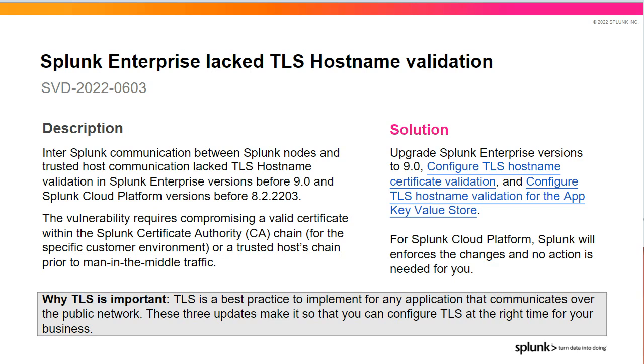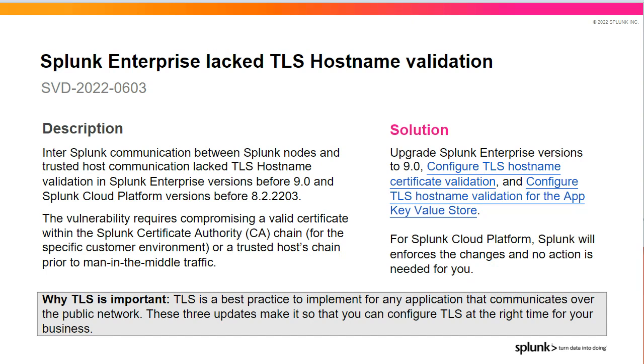For Enterprise, this basically means that if you had TLS configured between your Splunk nodes and, say, a search head hosted on searchhead.acme.com connects to an indexer on idx.acme.com, the search head will verify the validity of the indexer cert, but not verify the identity by matching the indexer's host name.